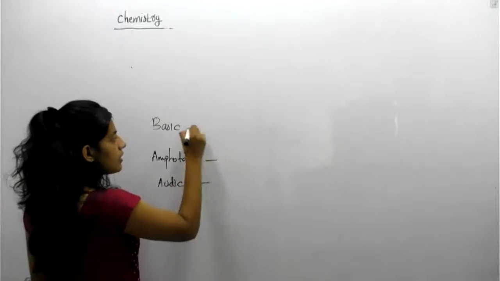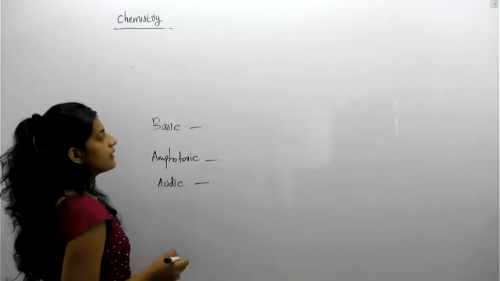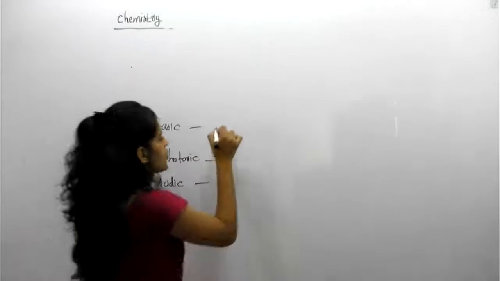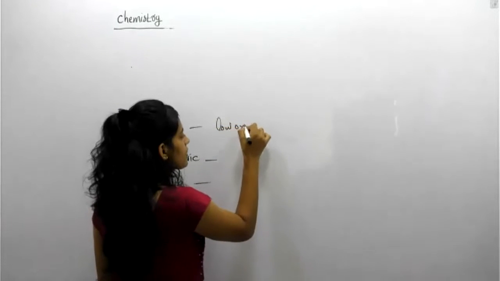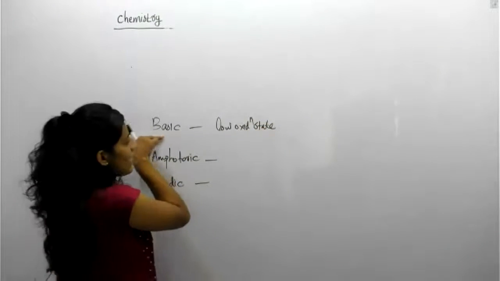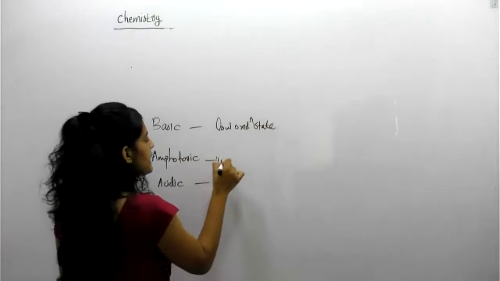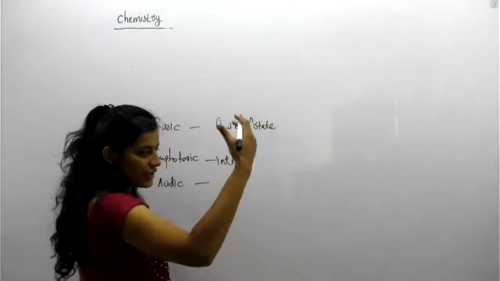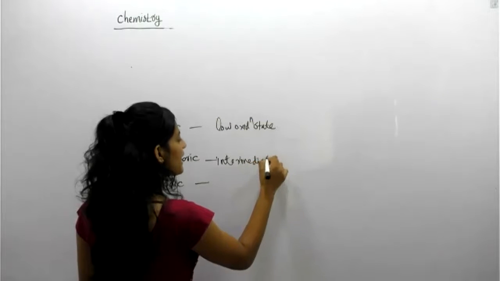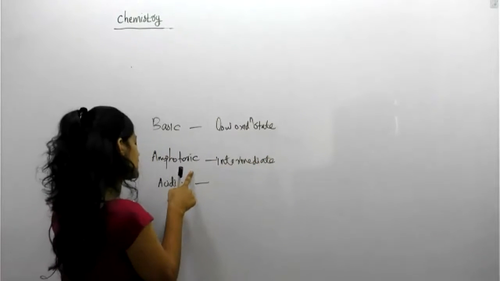Here, basic condition means a very low oxidation state. Most of the low oxidation states are under the category of basic. Intermediate state, not high, not low, is called amphoteric in nature.